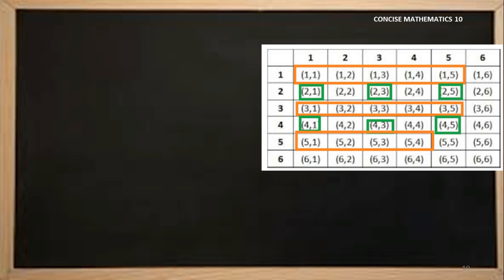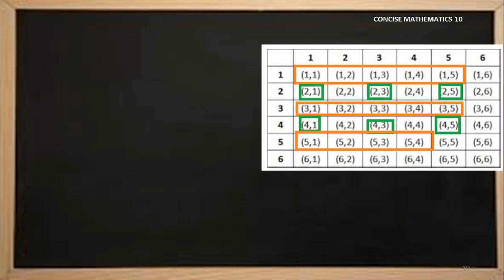Consider the second column. In the second column also 2, 1, 2, 3, 2, 5. In this case 1, 3, 5 are the odd numbers and 2 is a number which is less than or equal to 4. In a similar manner, the third column, 3, 1 to 3, 4, 3 is an odd number and the numbers 1, 2, 3, 4 are the values which are less than or equal to 4.